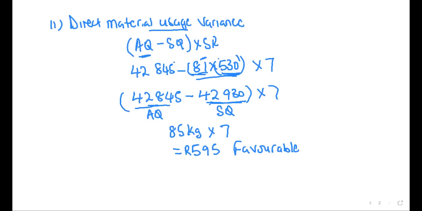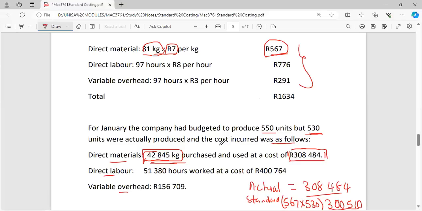You are not going to use this figure. I know people were going to check 530. Your answer will be wrong if you take 550. So at third level, you look at the budgeted material per kg against the actual quantity throughout all your third level variances.